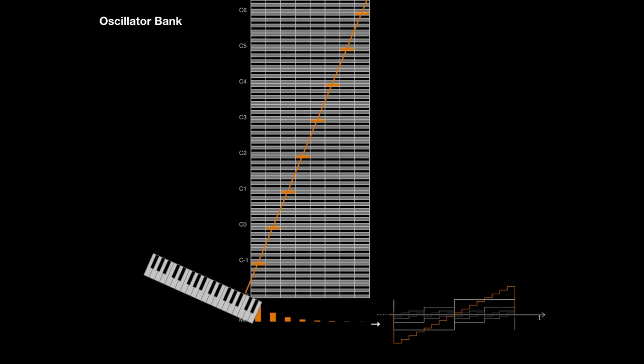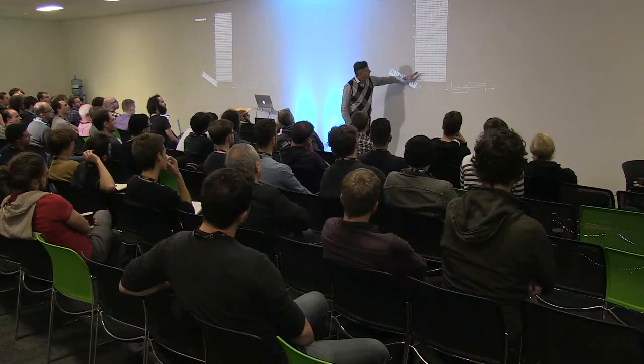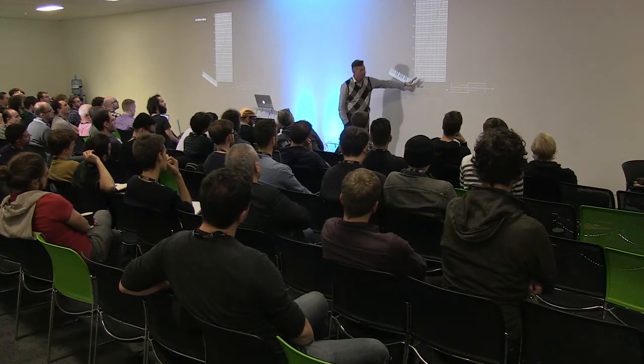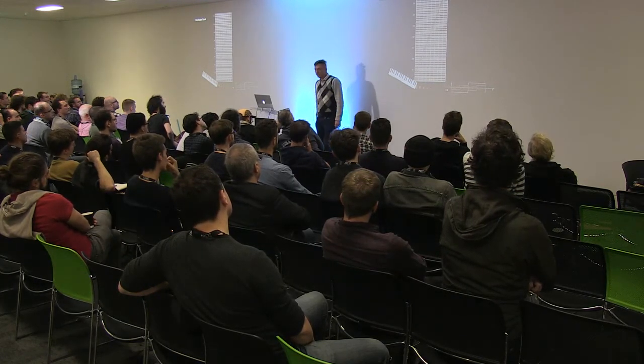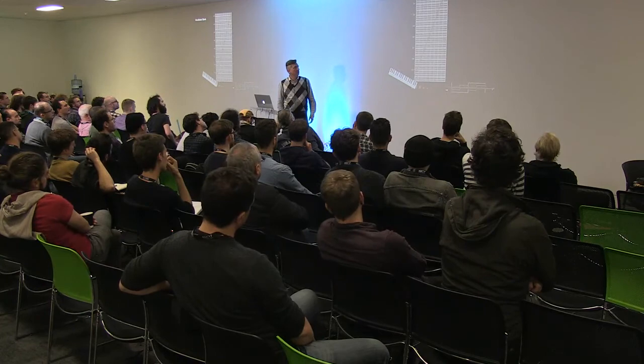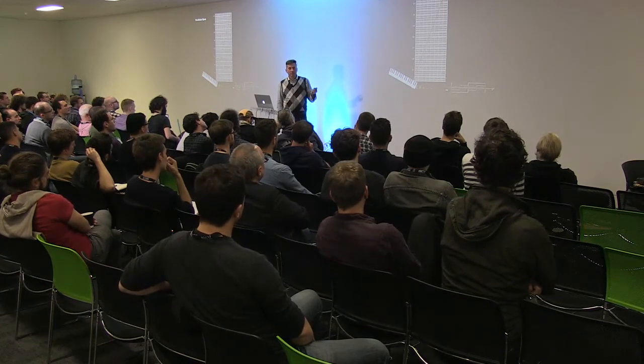And just like you set the contacts in a Hammond organ, you set these switches, and now this oscillator can be the fundamental of this. It could also be the first harmonic of the octave below, and so on. So these single oscillators serve the same purpose as the tone wheels in a drawbar organ.